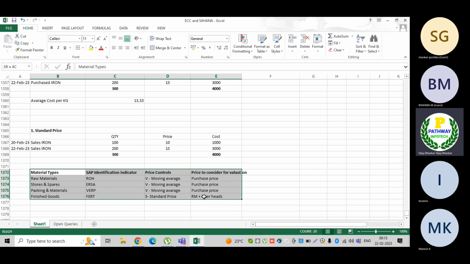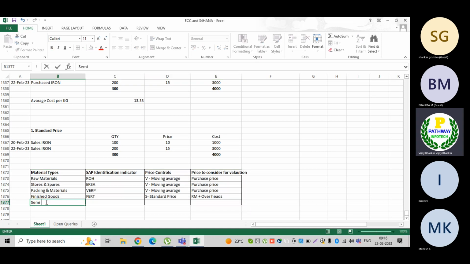I think there are many raw material types. Just for our understanding and identification, I have mentioned a few here. For semi finished goods also we are going to treat it as a standard price only. Let me put it here: semi finished goods. How can we identify semi finished goods?